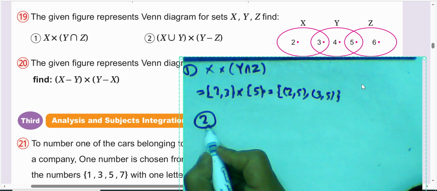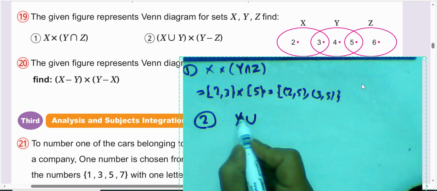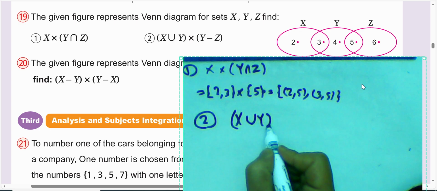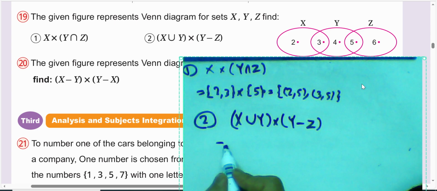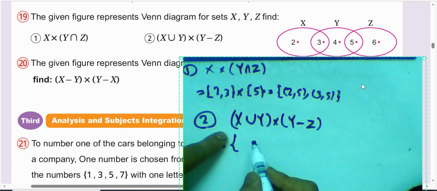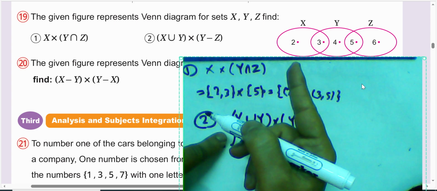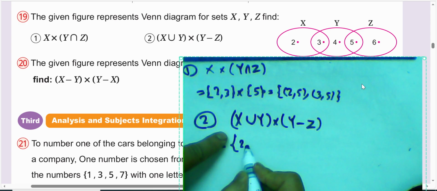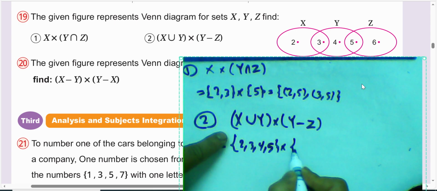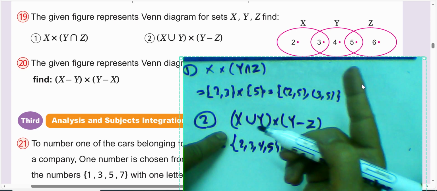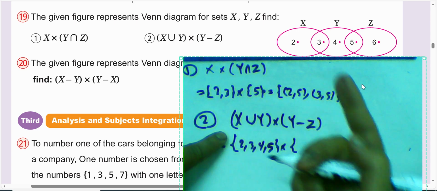And question number 2, he wants to find x union y, Cartesian product y difference z. X union y, x and y, you can write 2, 3, 4, 5. Cartesian product y difference z, the difference between y and z is 3 and 4.